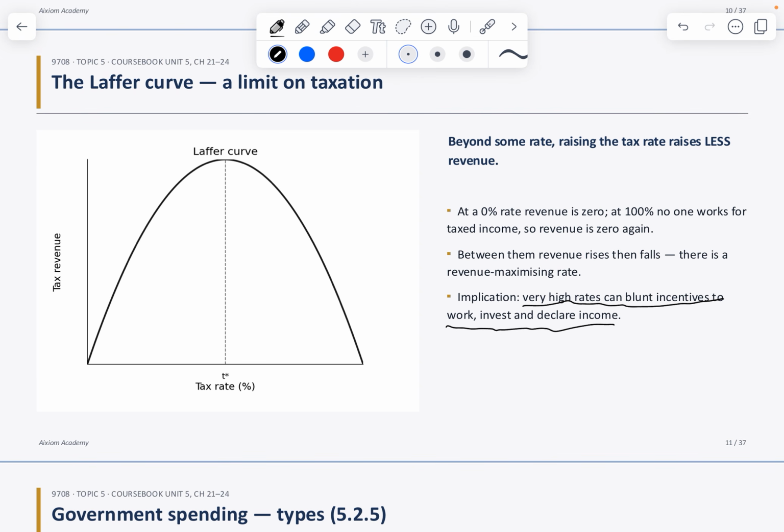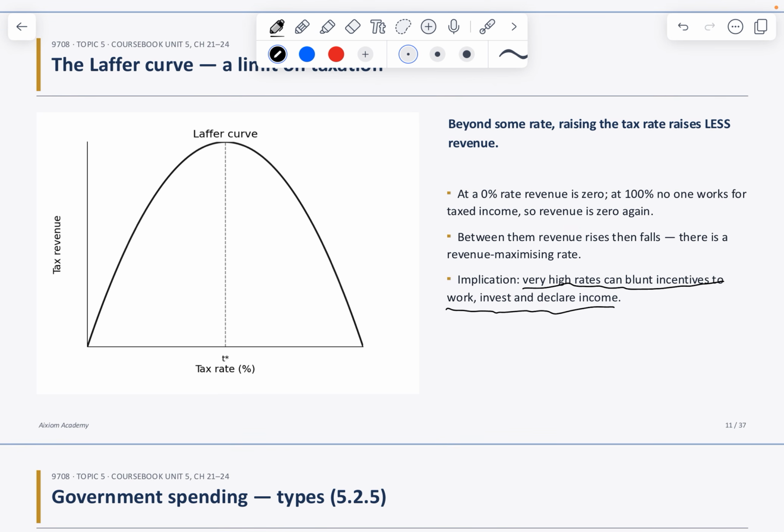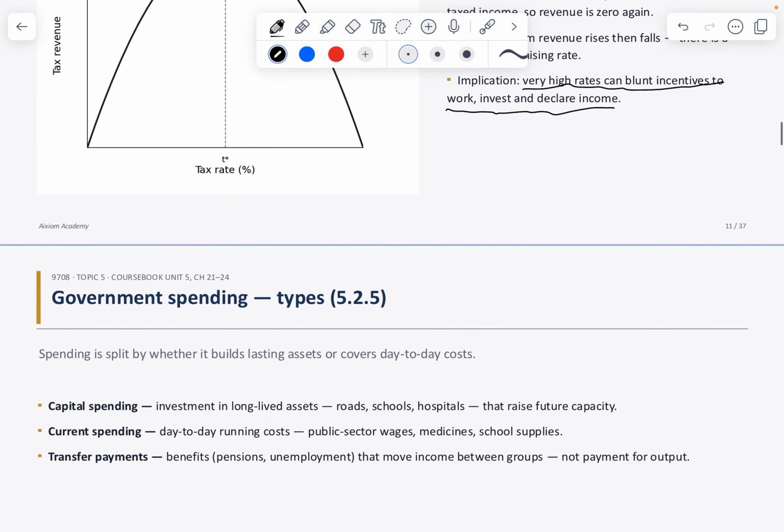So this means that as a government, it's not that the higher the rate you charge, the more tax revenue you will collect. So I think this is definitely one thing you can talk about in the evaluation point, as a limitation of tax policy.